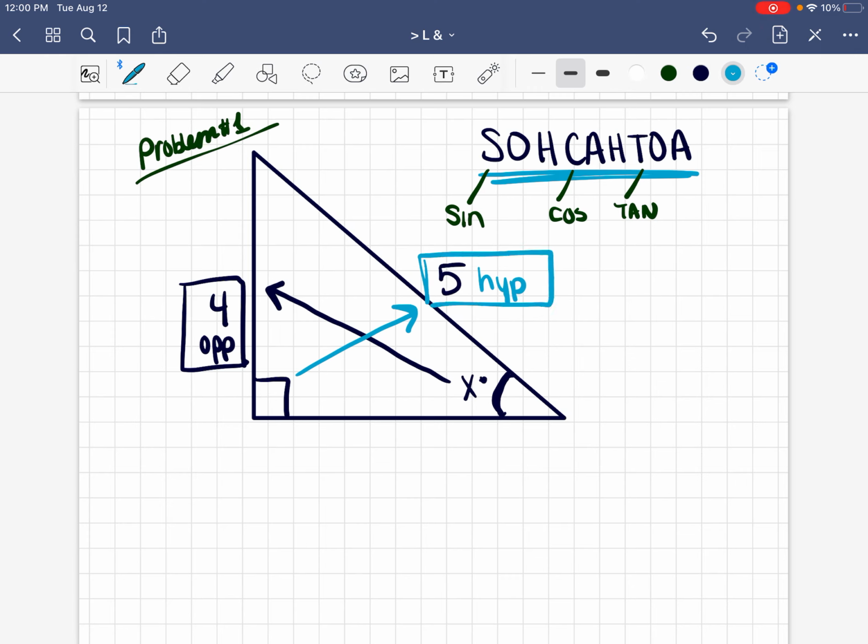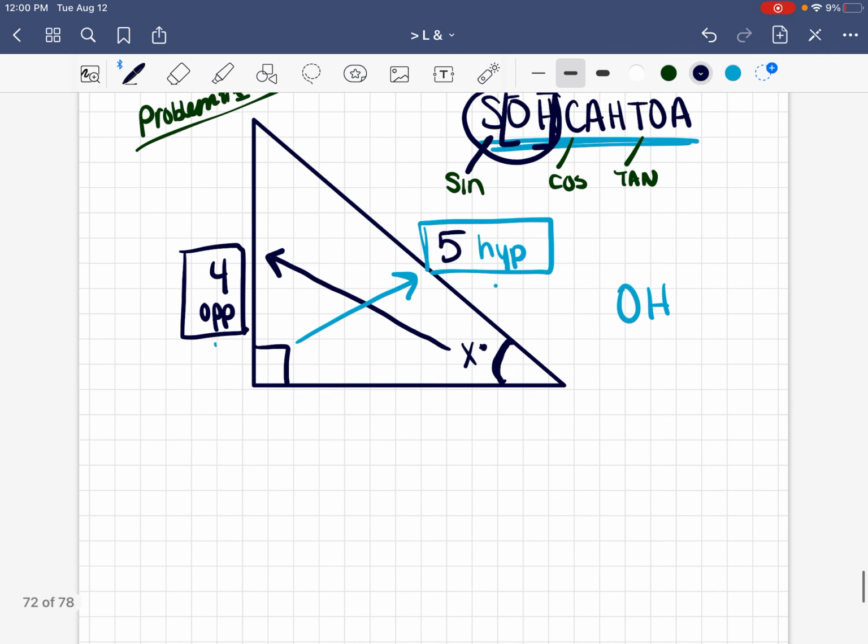So in this example problem, we have the opposite and the hypotenuse. So when you have the opposite and the hypotenuse, what do you need to use? Sine, cosine, or tangent? Well, if you look at SOHCAHTOA, if you're going to use sine, you need the opposite and the hypotenuse, which we have. So we are going to use the equation for sine.